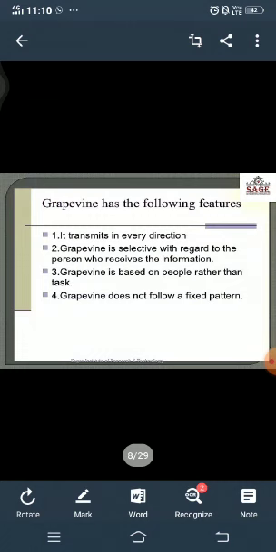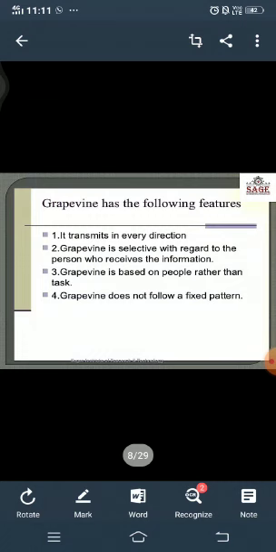Since you are friends with somebody from the HR department, you know that this year we'll be getting a double bonus. So it is not because of the virtue of the post you are holding that you came up with this information, but because of the friendship you have with the person in the HR department. So it is more people centric instead of task oriented. This is a feature of grapevine.